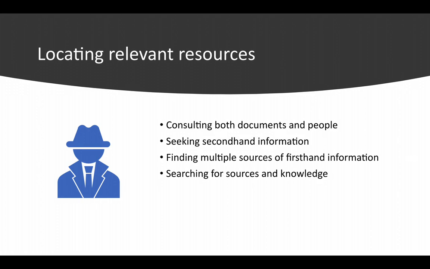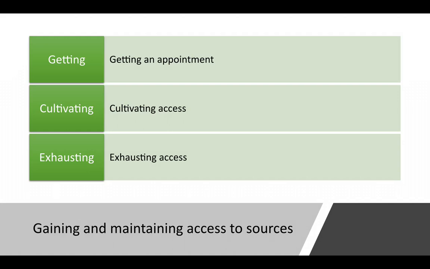That's going to help you a lot because the second-hand information, sometimes they are out of date, and sometimes they are not as accurate as first-hand information, right? So if you're really going to gain and maintain access to sources, especially when we are talking about people or people who hold access to some credible documents, then you need to get an appointment, cultivate access, exhaust access, right?